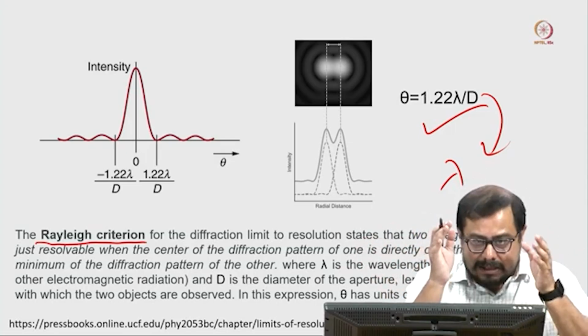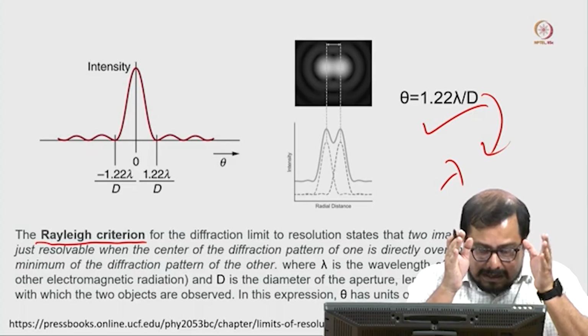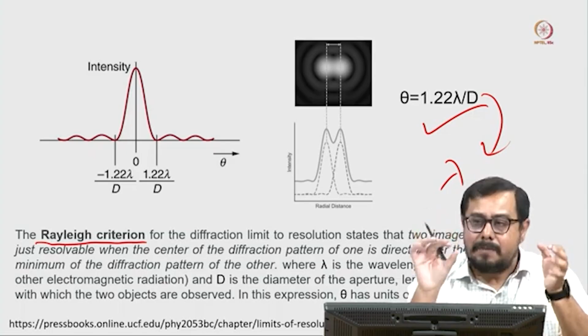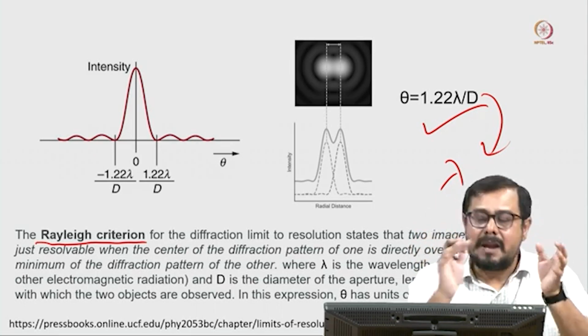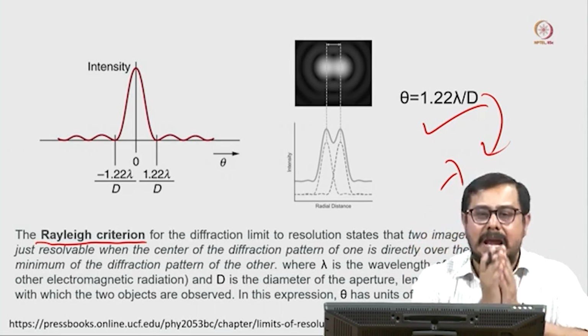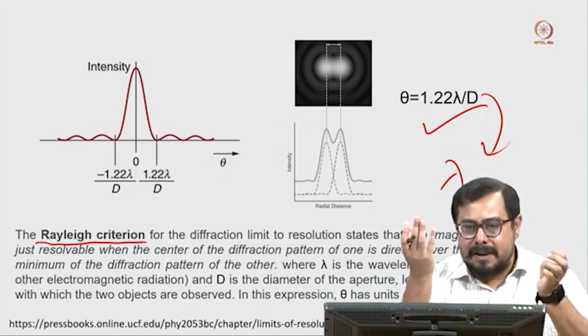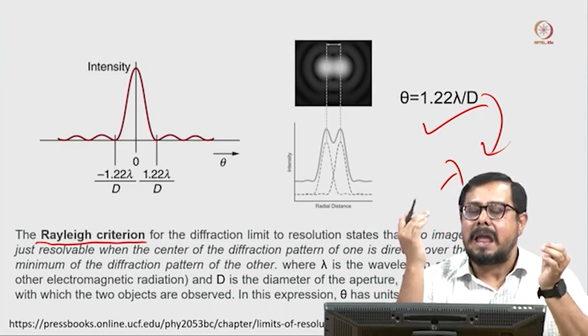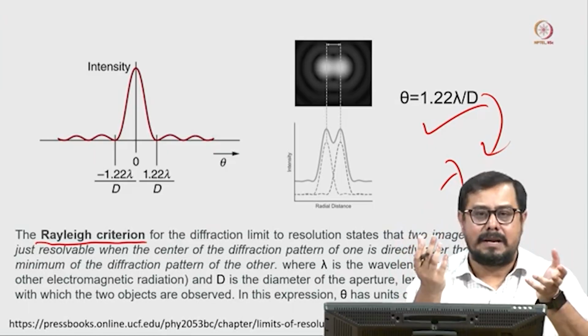So the limiting factor is the wavelength of that light. Whatever microscope we try to make where the main source is light, we cannot reach atomic resolution or near atomic resolution.